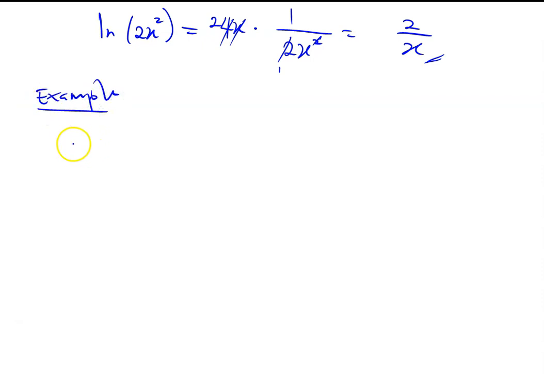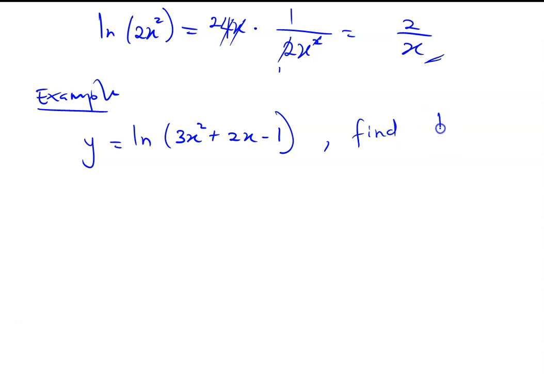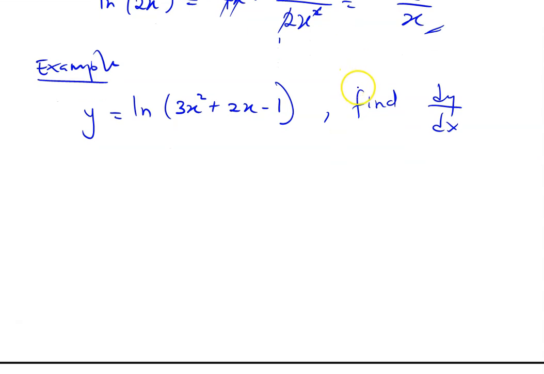Example 1. We should differentiate y equals ln of (3x squared plus 2x minus 1). So you should find dy/dx. This is very simple. It's one of the simplest differentiation that you can get. When you get something like this, you know what to do.